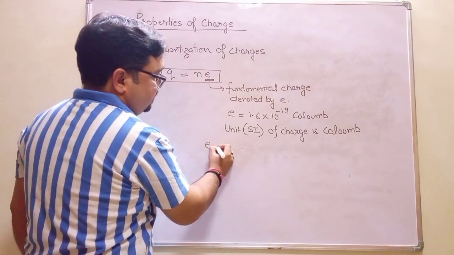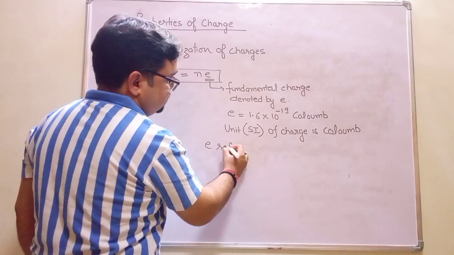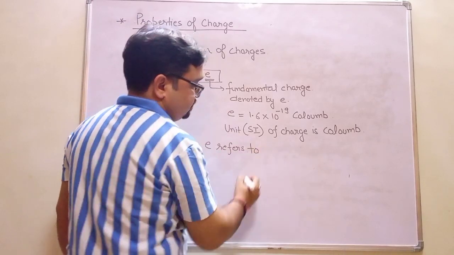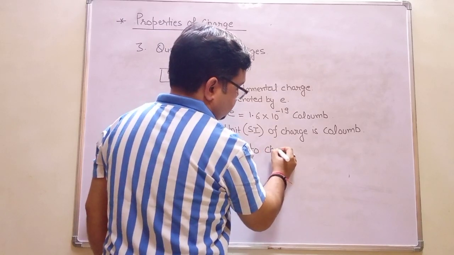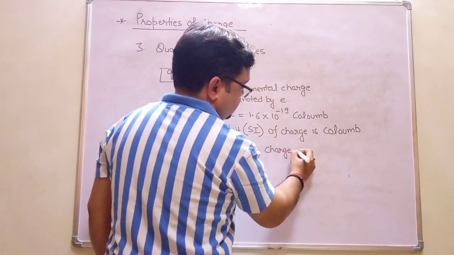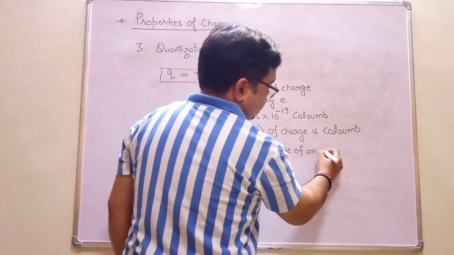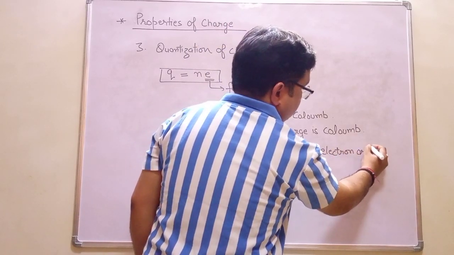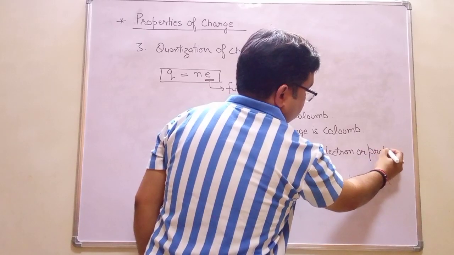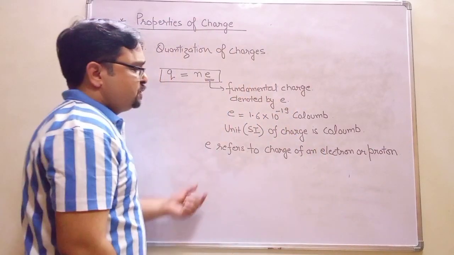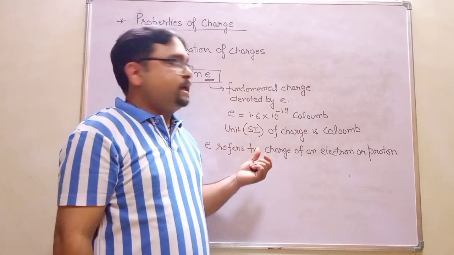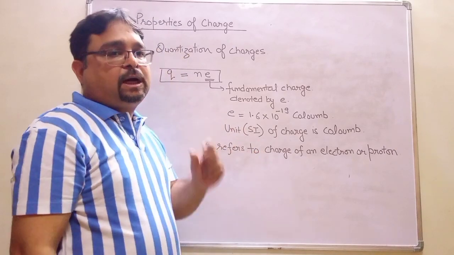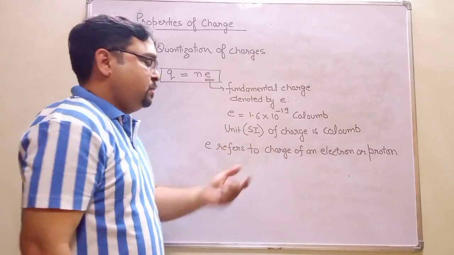e refers to the charge of an electron or proton. So the smallest quantity of charge is e, and e is equal to the charge of an electron or proton.